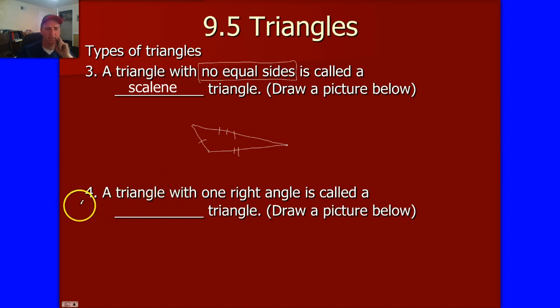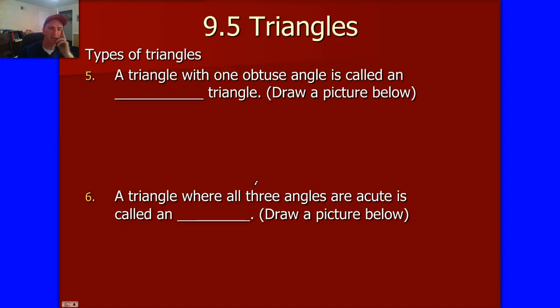Now, the next 3, starting number 4, is going to look at the relationships of their angles. If you have a right angle, like we learned in angles, and you have a triangle with that, we call that a right triangle. If we have a triangle that has an open angle like this, that's called obtuse.